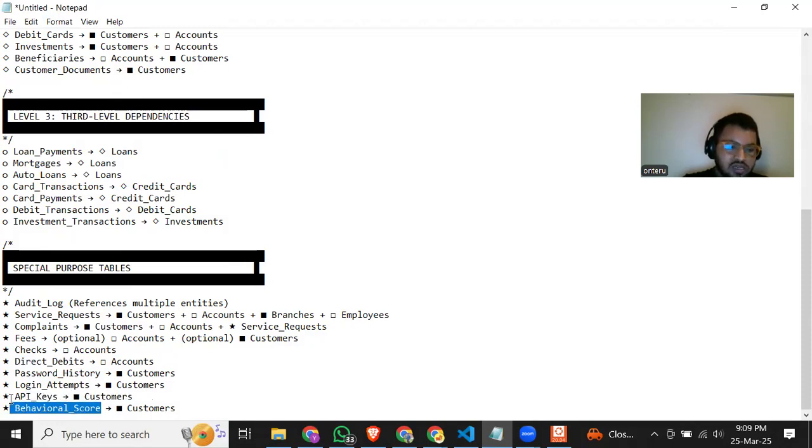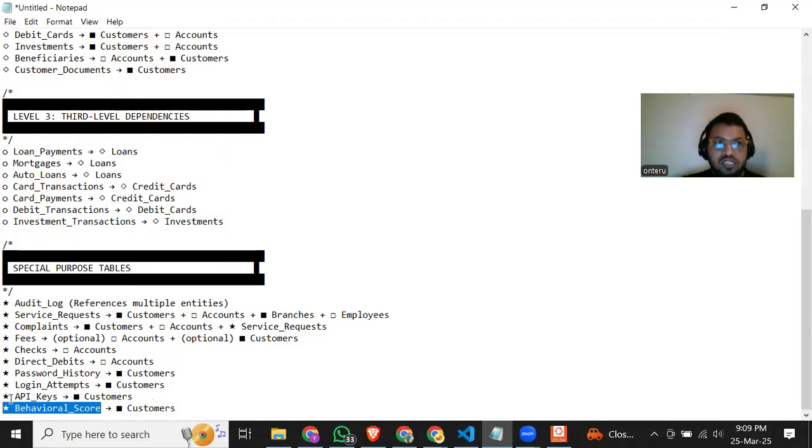Behavioral score is one of the very important things for every banking system. For example, my friend Rayudu is a very good customer of the bank, and he applies for a loan.